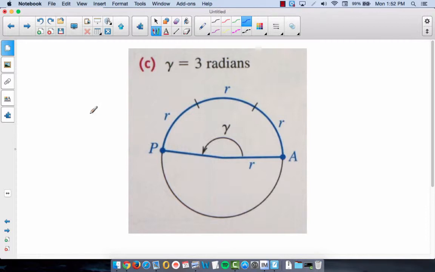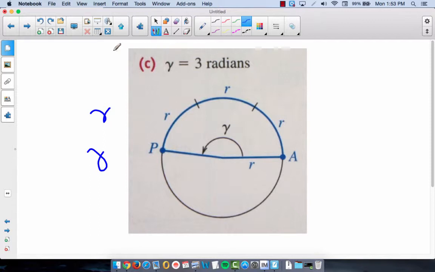It's hard to see there, but it's kind of written like this. Looks like a Y. But it's kind of associated with G as well. Anyway, gamma at the center of the circle, the radius is r, the length from A to P would be 1, 2, 3 of those radiuses, or radii, so gamma has a measure of 3 radians.